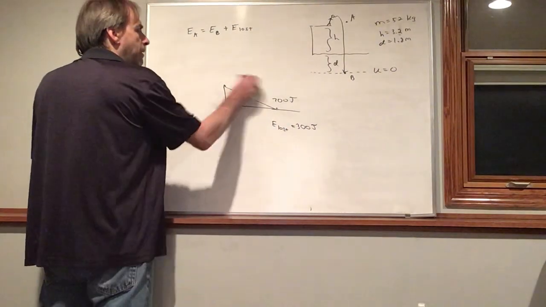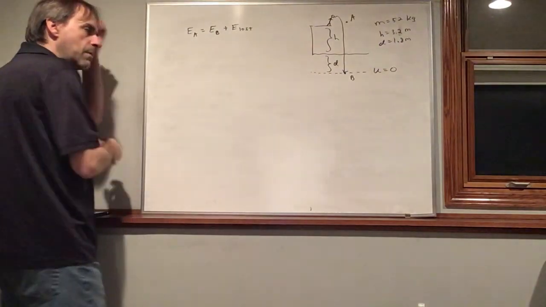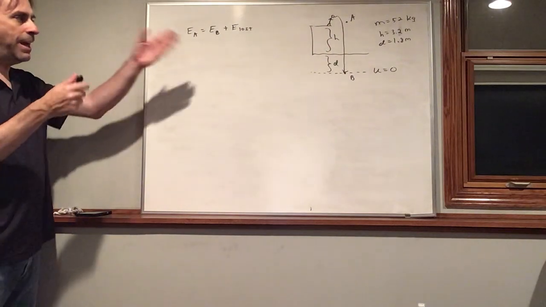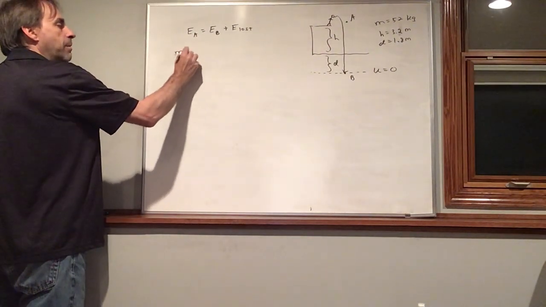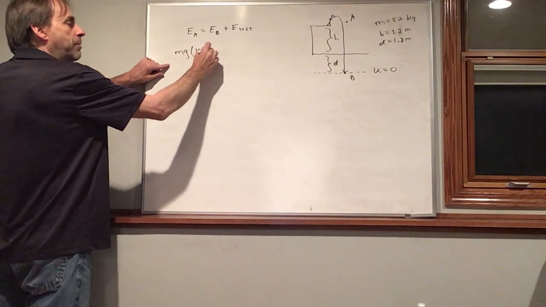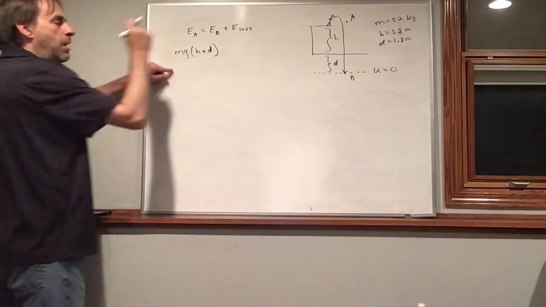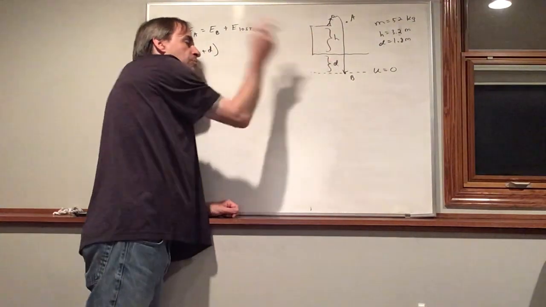But actually here, that's not going to be all that difficult, because the energy at A is mgh. Actually, let me be a little more clear. h would be our height above the reference level, so that would be h plus d.